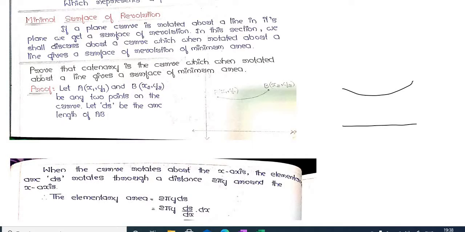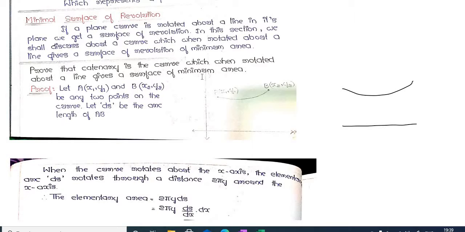Observe the next question. Prove that catenary is the curve which when rotated about a line gives a surface of minimum area. So here one curve is there. That curve is rotated about a line. Then catenary is the curve which is having minimum area.